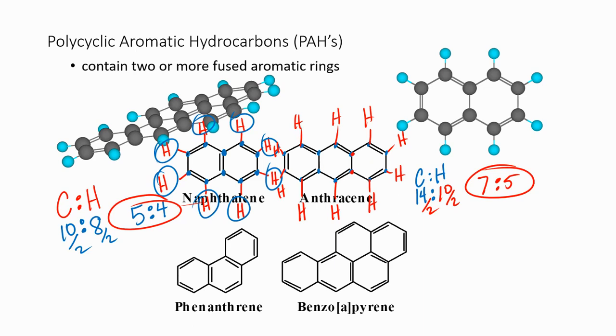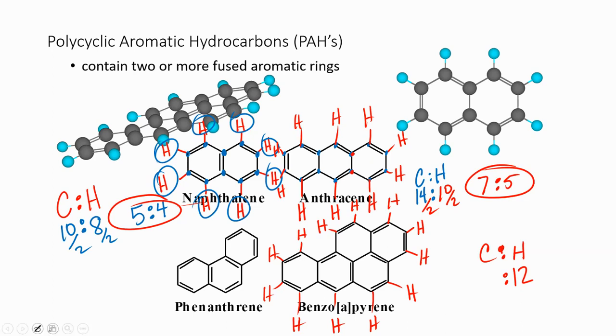But we can check benzo[a]pyrene. First we can check the hydrogens: 3, 4, 5, 6, 7, 8, 9, 10, 11, 12. So we've got 12 hydrogens.